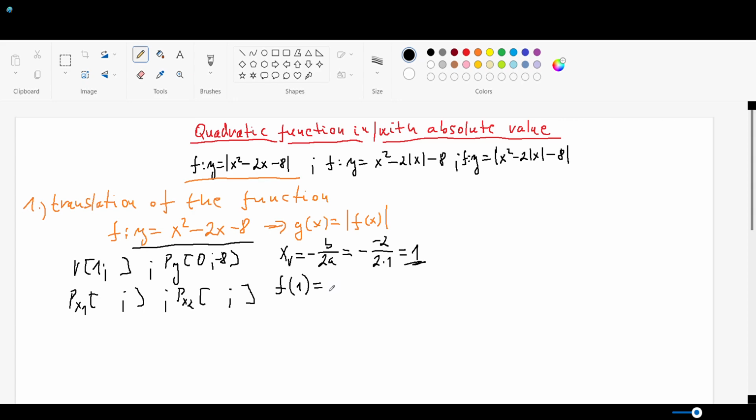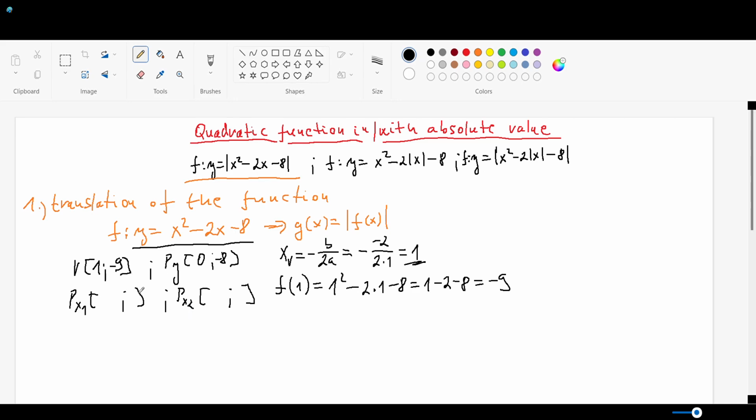So it's gonna be 1 squared take away 2 times 1 minus 8, which is equal to 1 take away 2 take away 8, which is equal to -9. Okay, so our y coordinate of the vertex is -9.